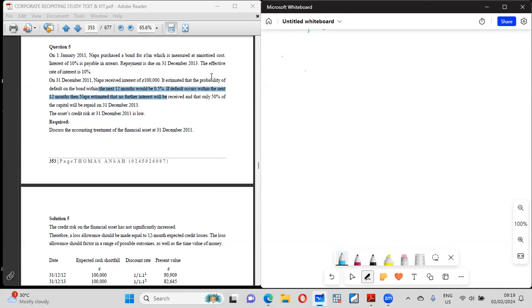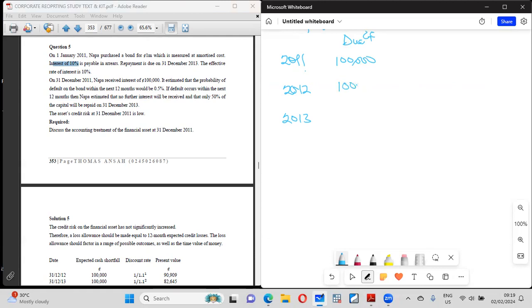So what is the cash flow due to the entity? We start in 2011 December, then 2012, and 2013. The entity is supposed to receive 100,000 interest, because every year they receive 10%. That's the cash flow, not the effective interest. The cash flow is the coupon.